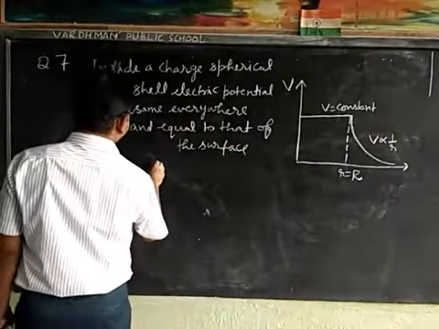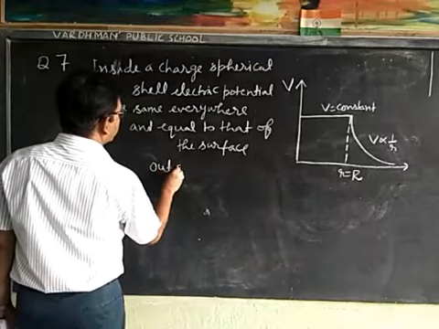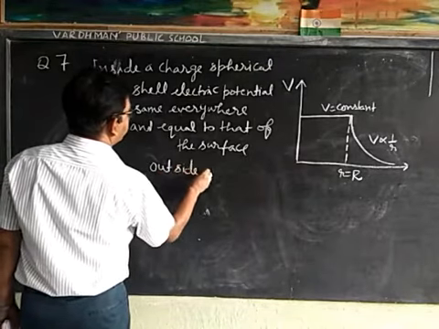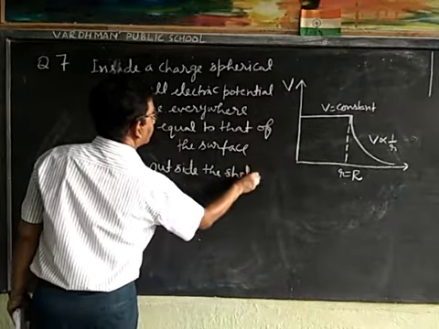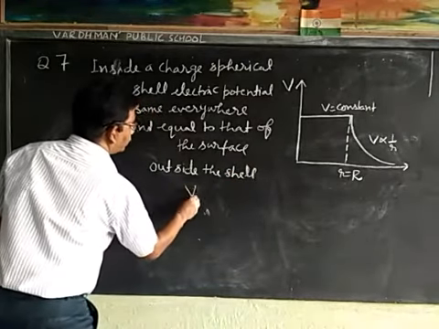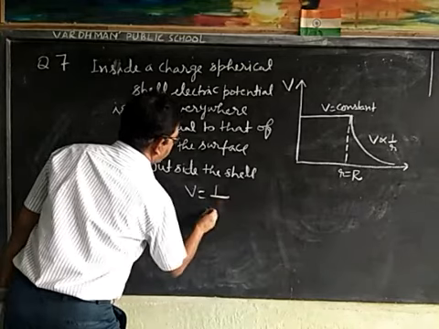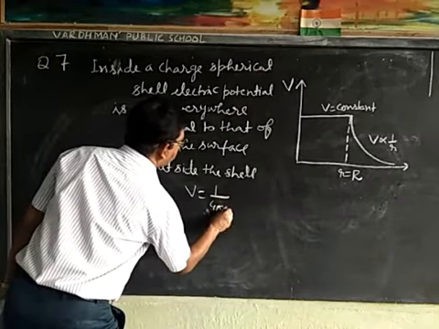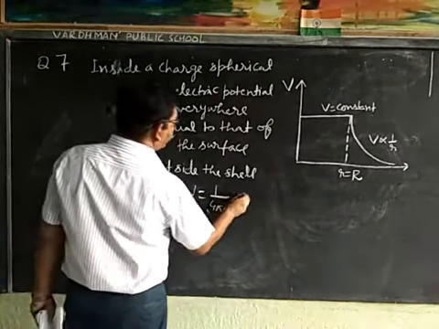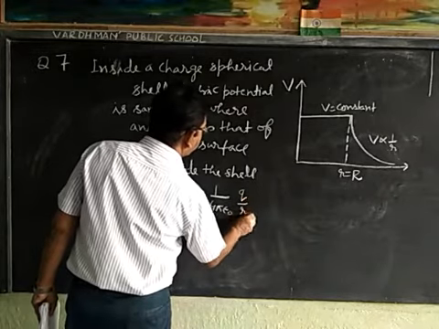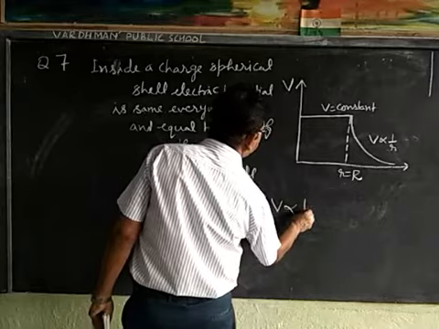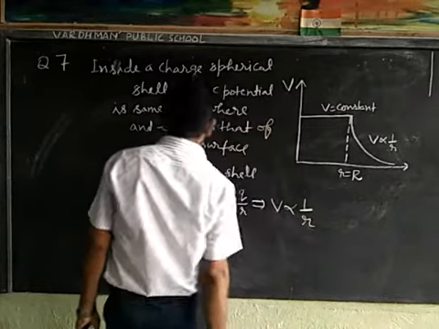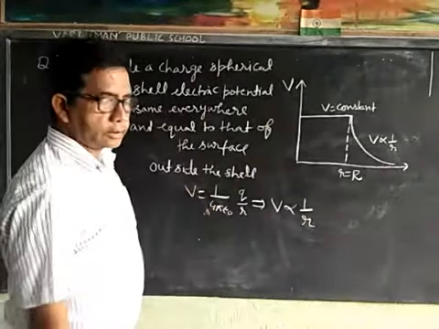Outside the cell, we know V is equal to 1 upon 4 pi epsilon naught times Q upon R. This implies V is inversely proportional to R outside the spherical cell.